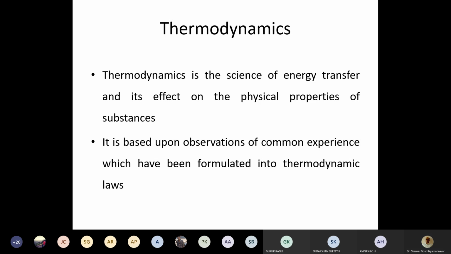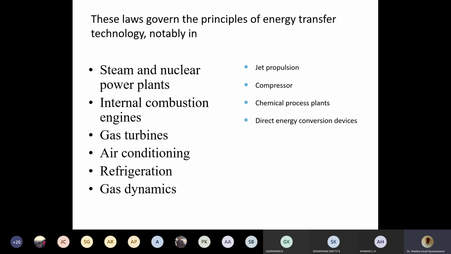So these laws govern the principles of energy transfer technology, notably in many fields. I have listed so many fields here. This is not an exhaustive list. This list is endless, just to give you an idea. These are all the technologies or areas where these laws govern the energy transfer.